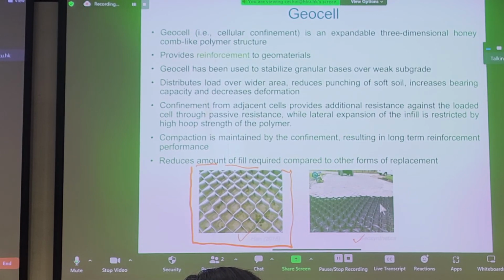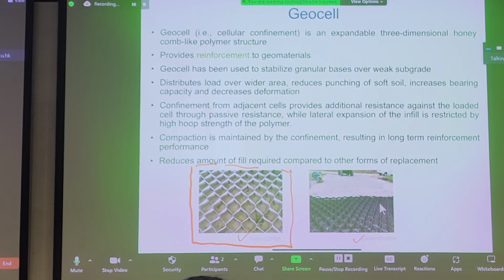You can also use this to distribute loading, so it's not so concentrated in a particular area and increase phase of resistance. Now, we're thinking about, can we use geocells to improve bearing capacity? Well, yes, you can. So maybe you don't need to carry out over excavation. You can use just a thin layer of geocell, and that might help you distribute load, right?